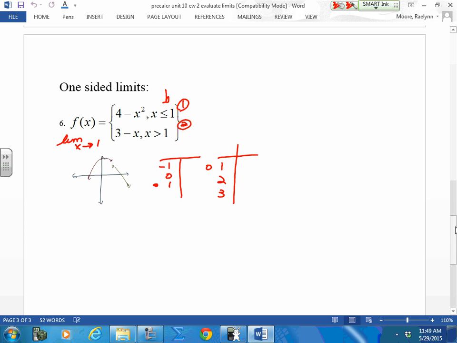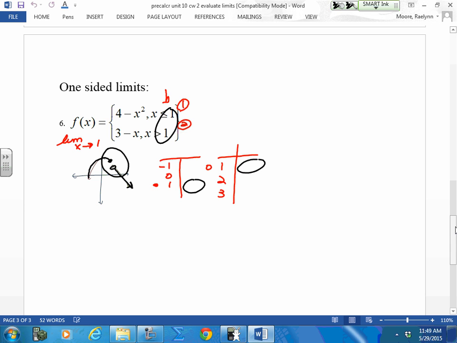Now, here's the deal. Because they're using the 1, if this one and this one are the same, then they'll overlap. They'll be the same point. If they don't, we're going to get this jump. So we plug in your 1, and all you really have to do is plug your 1 in. To graph it, though, pick a couple of points, graph this part of it. Close it there. Pick a couple of points, graph this part of it.